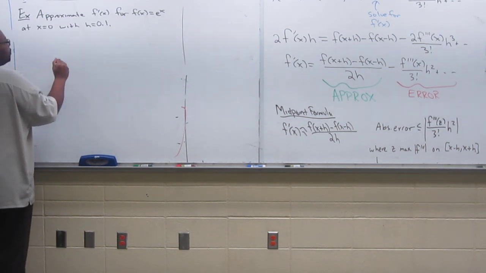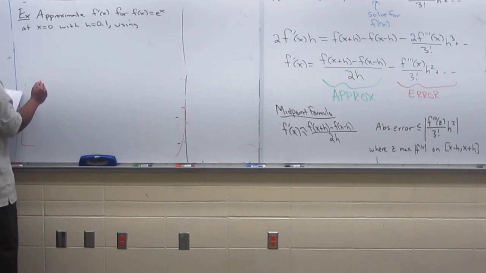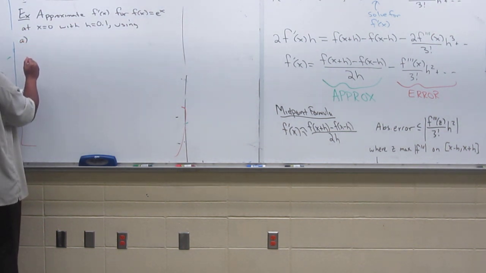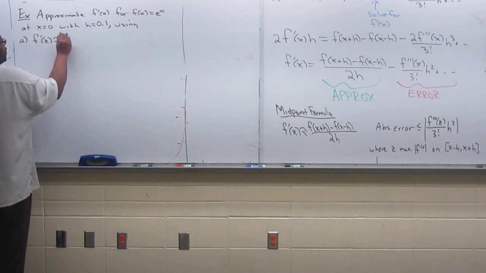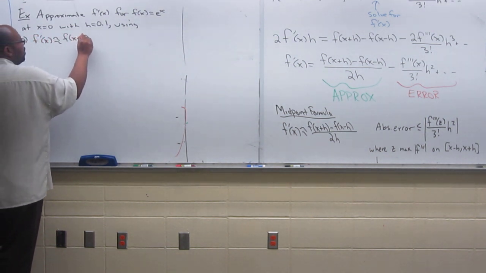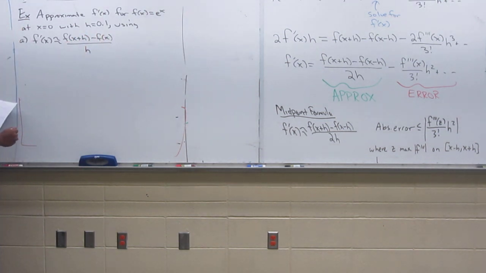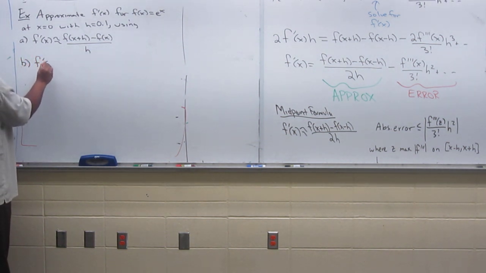Using, in this case, we're going to use the forward difference, which is f prime of x approximately equal to f of x plus h minus f of x over h. Then we're going to use the forward difference again, where we have 2h instead.